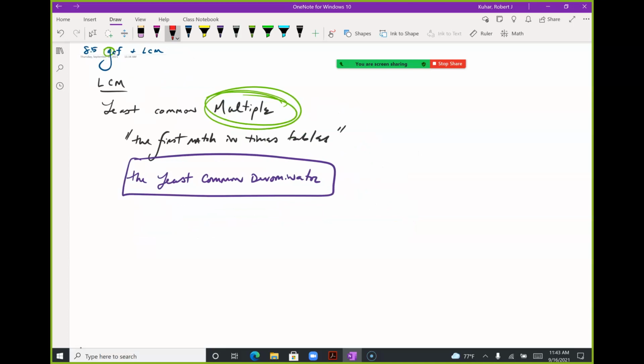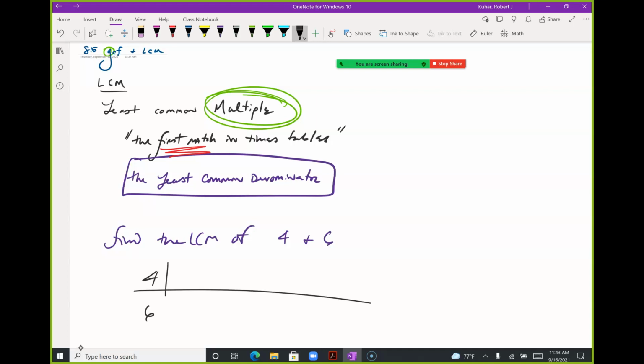So the simplest way to find the LCD or the LCM is simply to find the first match. That's all I'm talking about. So we might have a question: find the LCM of 4 and 6. We're simply going to do the 4 times tables and the 6 times tables.